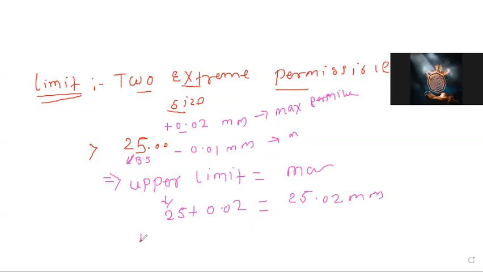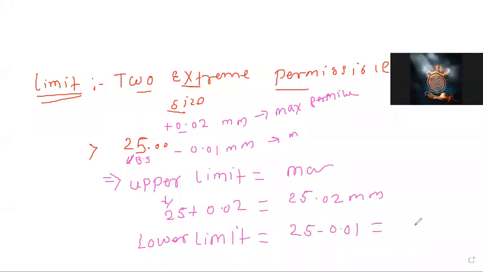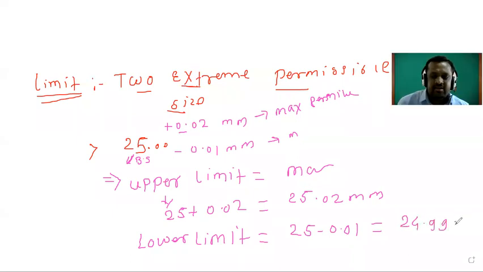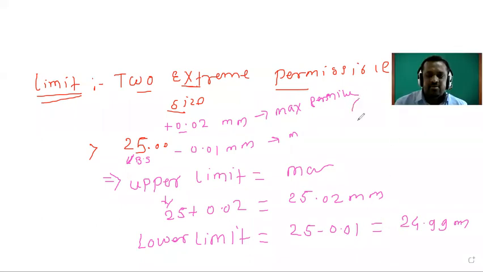And what will be the lower limit? Lower limit is equal to 25 minus 0.01, then it will become 24.99.